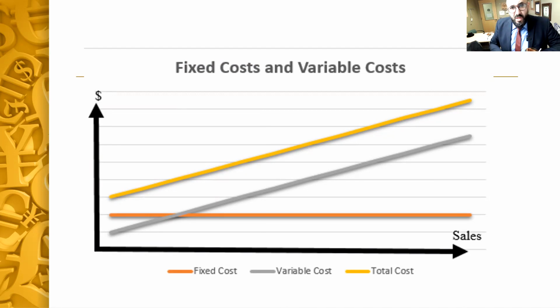So it is increasing with the output capacity for your project. Total cost is adding these together, and that is the yellow line right there, increasing with the number of output or units that you're producing, based on the variable cost.